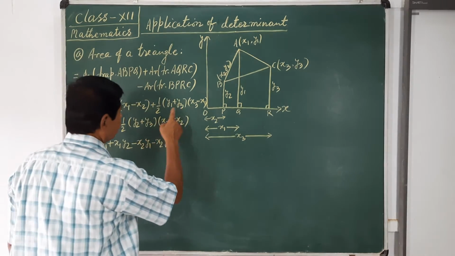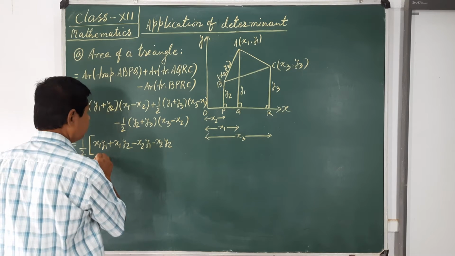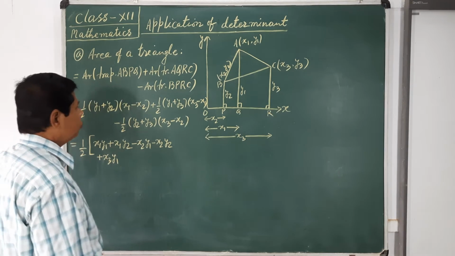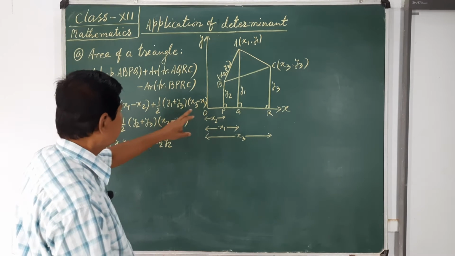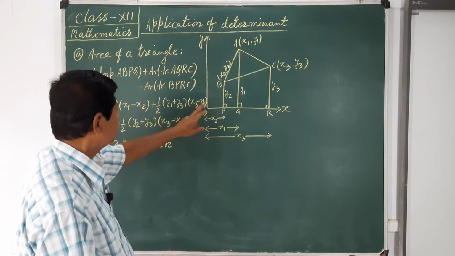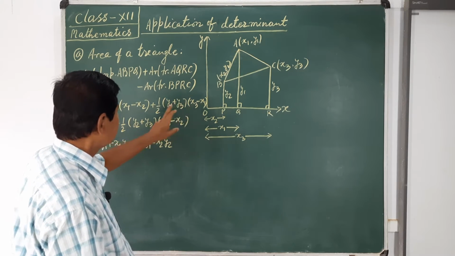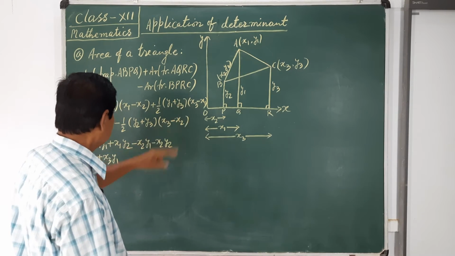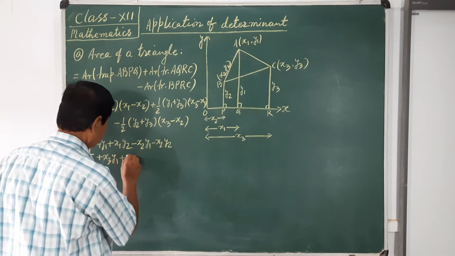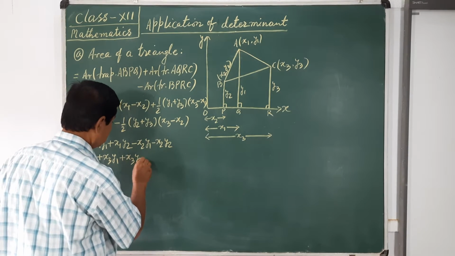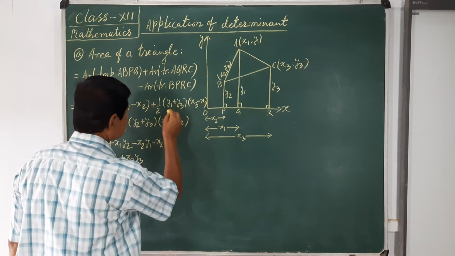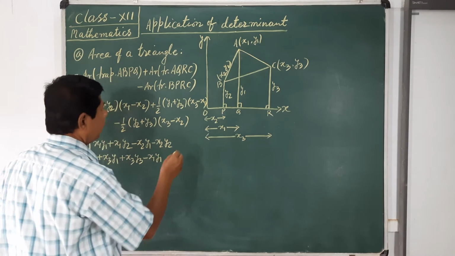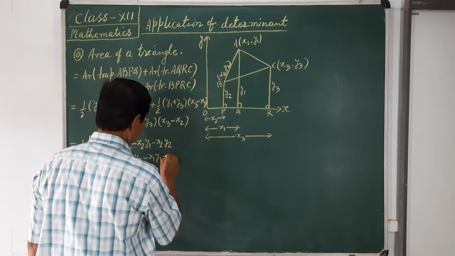Then x3 y1 plus x3 y3, minus x1 y1 and minus x1 y3.